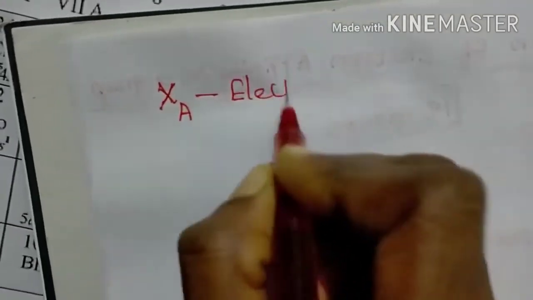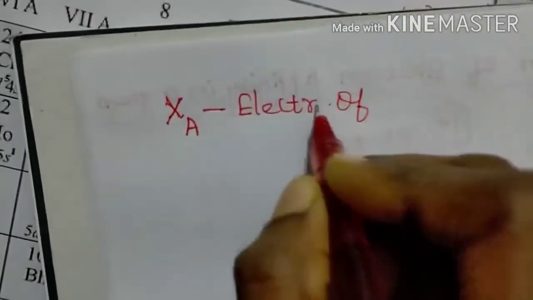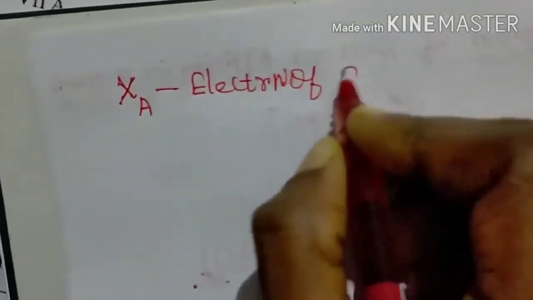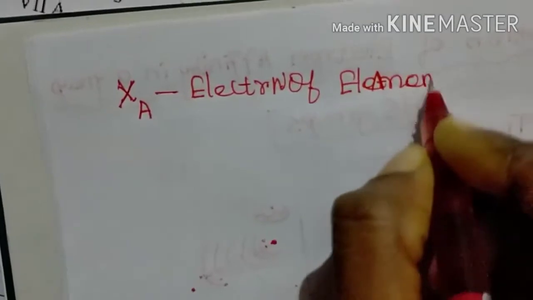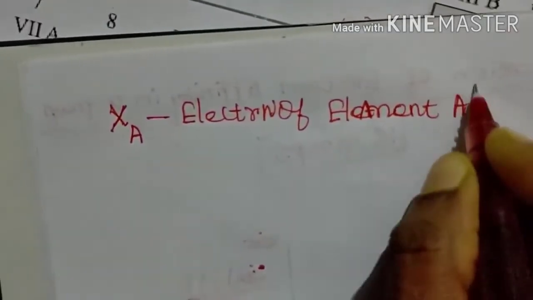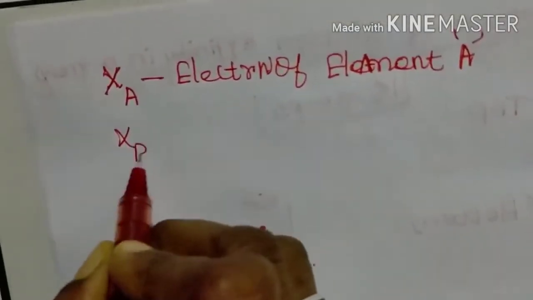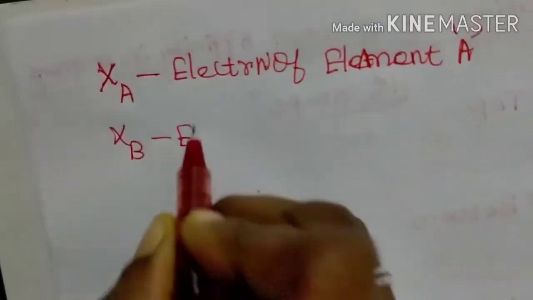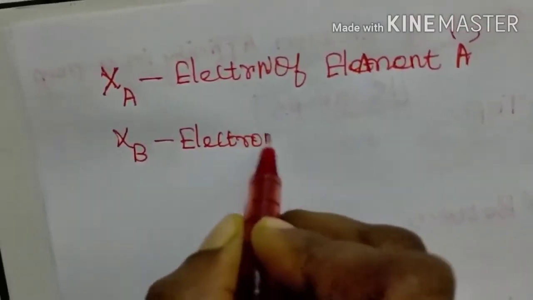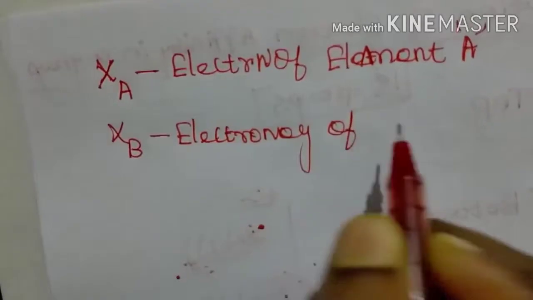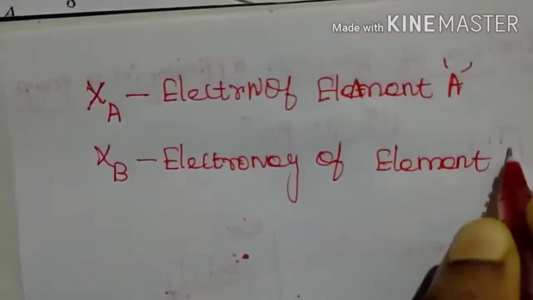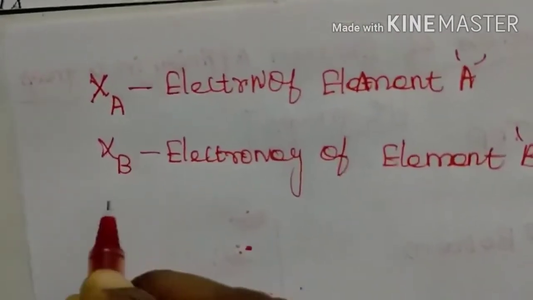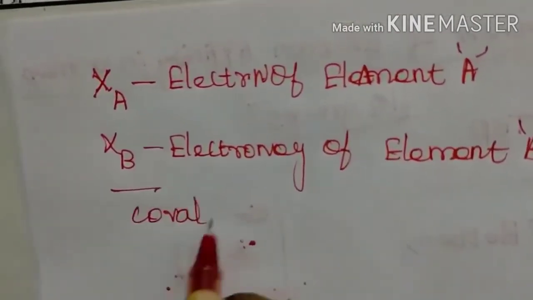XA is the electronegativity of element A, XB is the electronegativity of element B. Both are in a covalent bond.